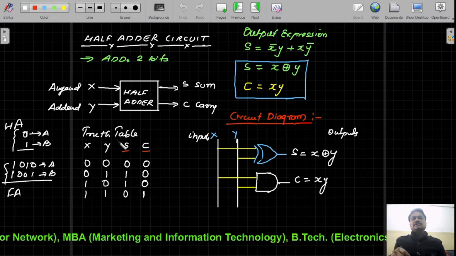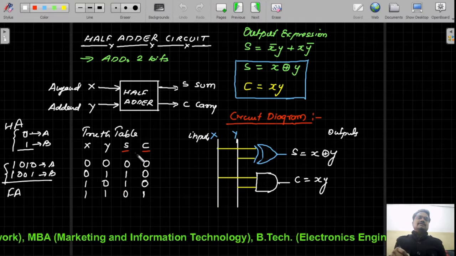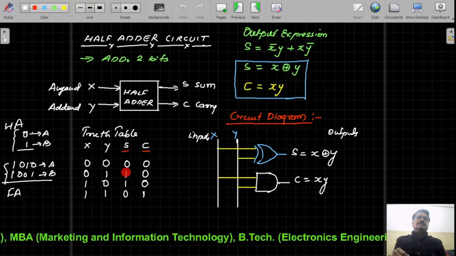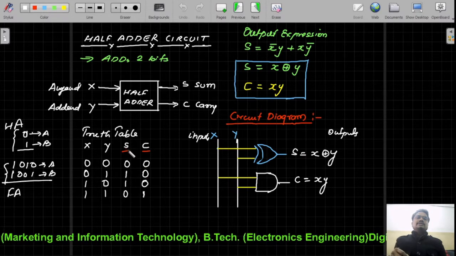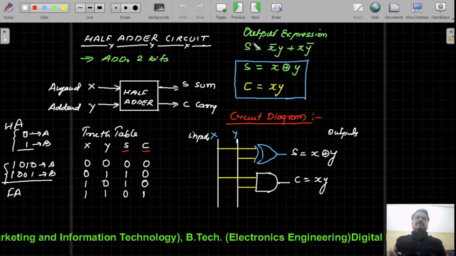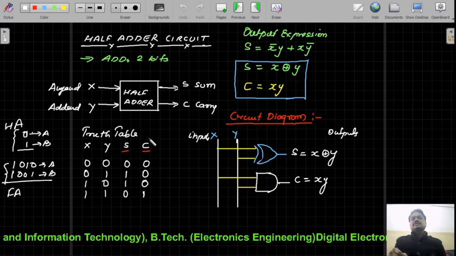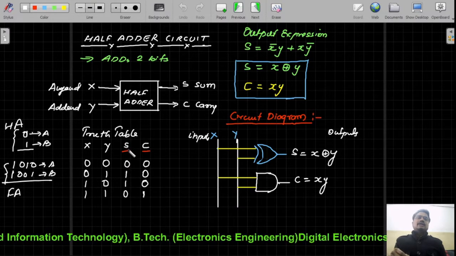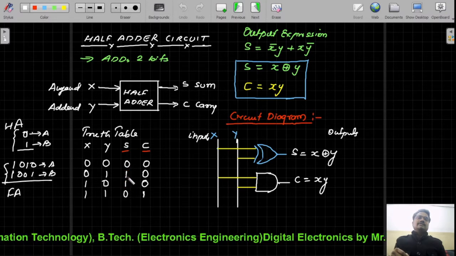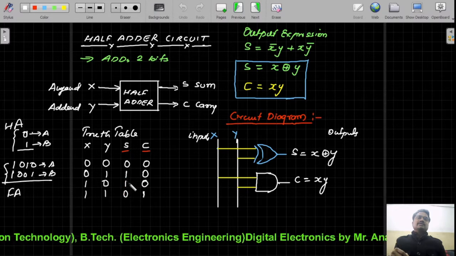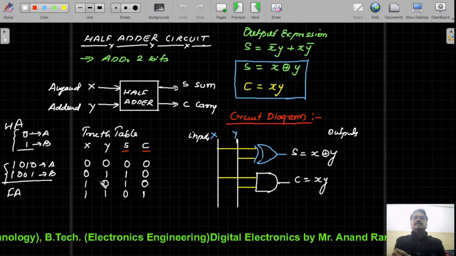Based on this truth table, these are the output columns: the S column and the C column, that is the sum column and the carry column. For these columns, you have to write the Boolean expression. We are following the minterm approach, which means that for the ones present in the S column, we write this expression: S is equal to x bar y plus x y bar.